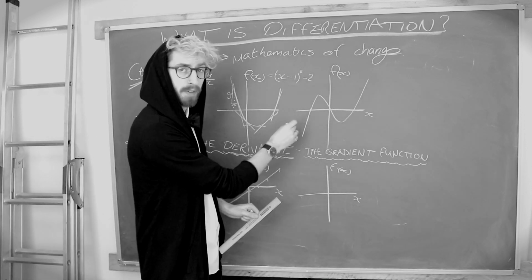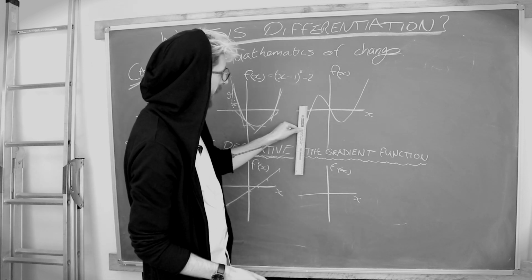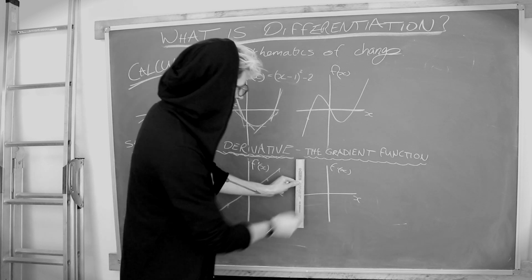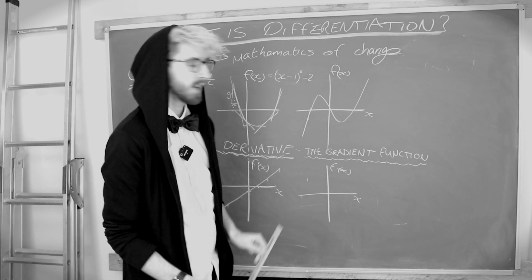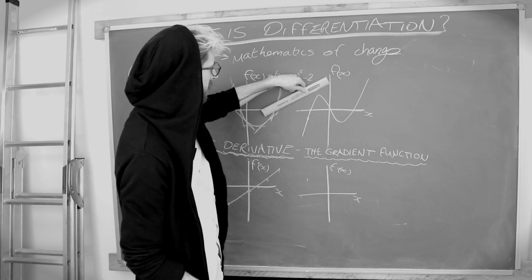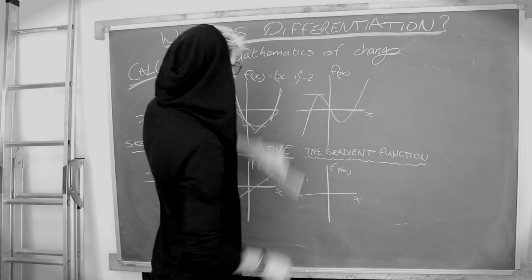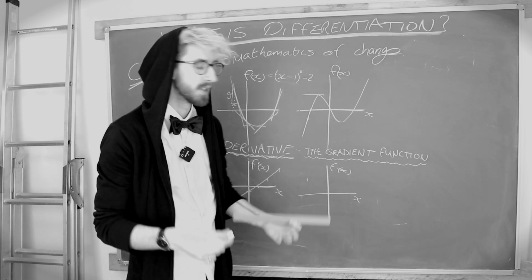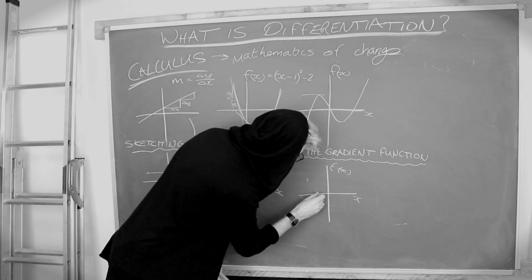Tangent, there. So at this value of x, our gradient is positive because it's going uphill. So let's just put that about there. Then as we move on, we're getting closer and closer to 0 until there. At this point in x, that has a gradient 0. So right down here, we go to 0.